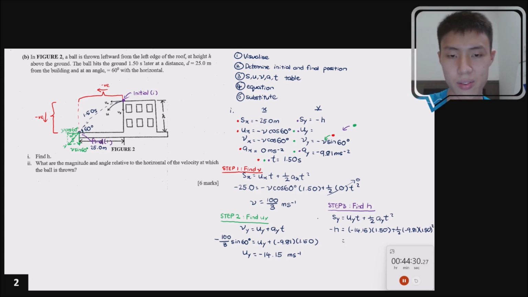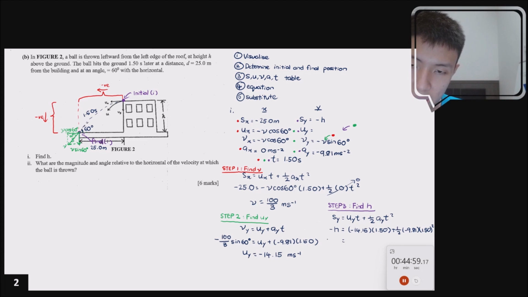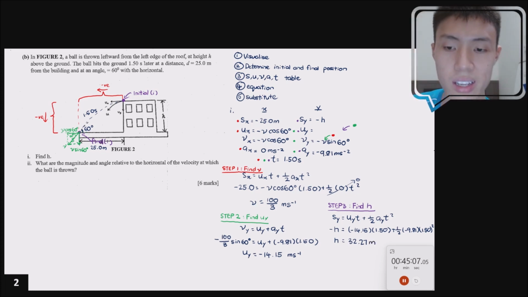Okay, calculate. So from here I get the answer for h: 32.27 meter. That is the height of the building.